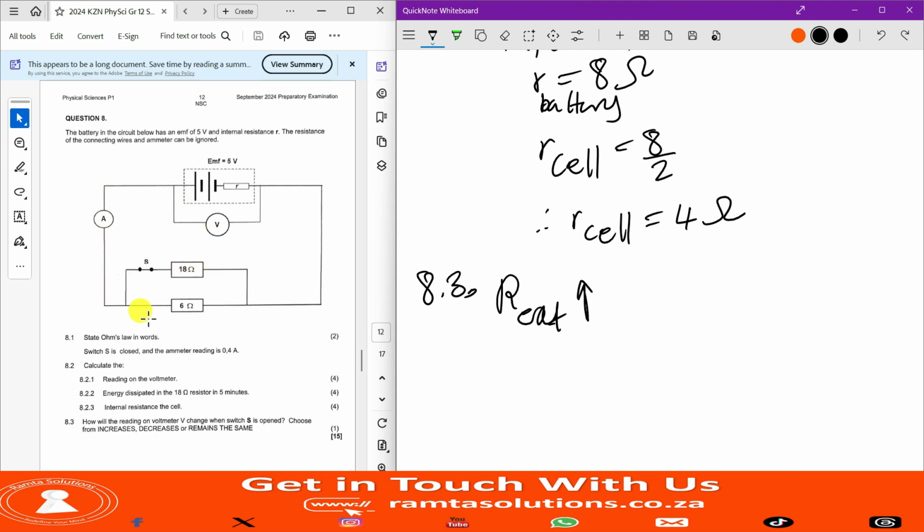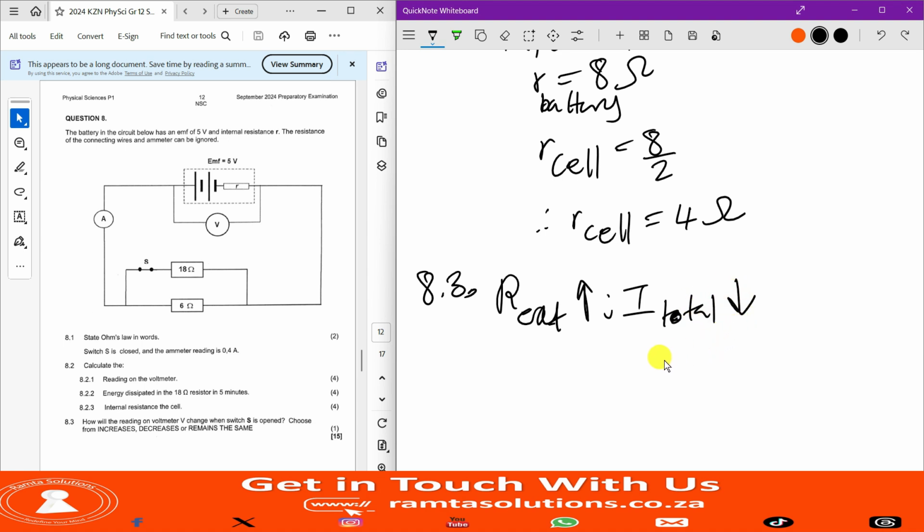Current will just be flowing here. The external resistance will be 6 ohms, jumping from 4,5. So when this external resistance increases, the total current will decrease.